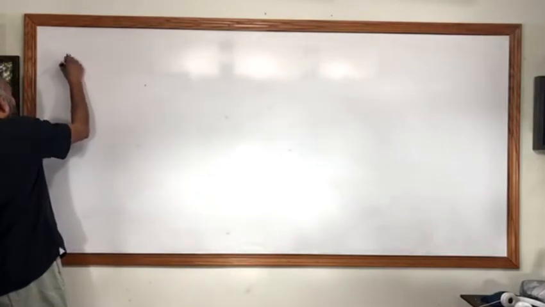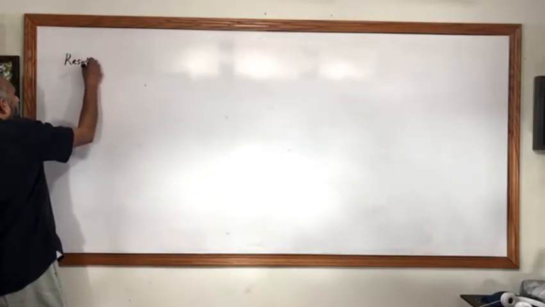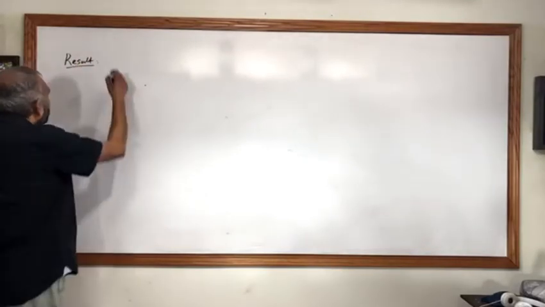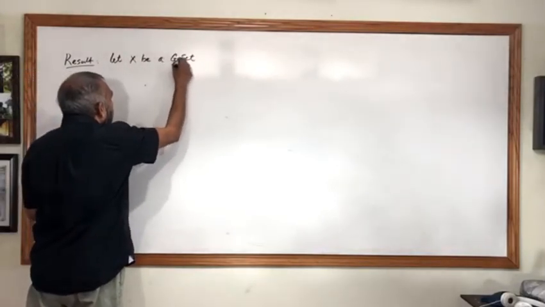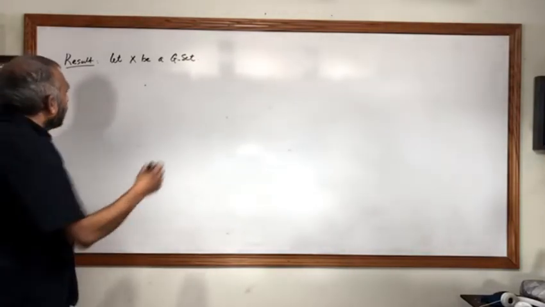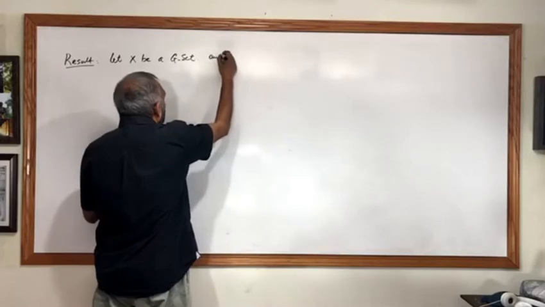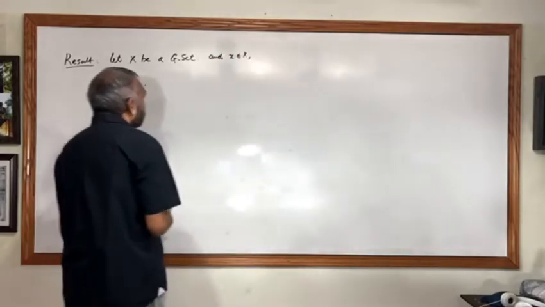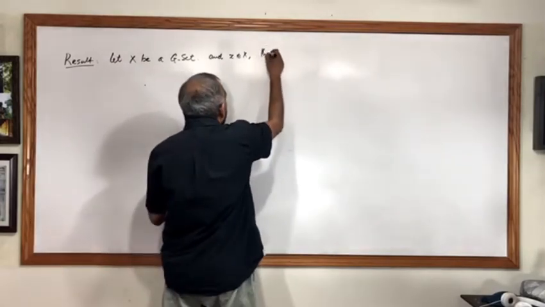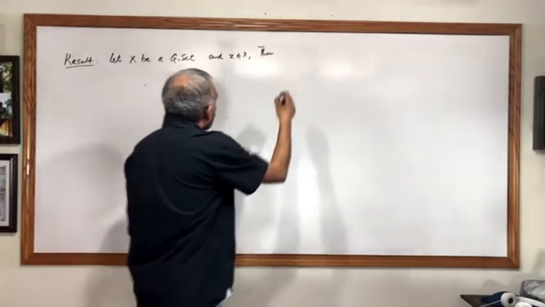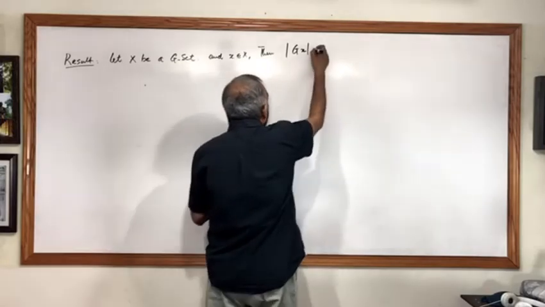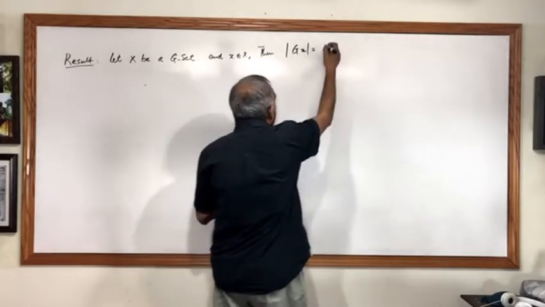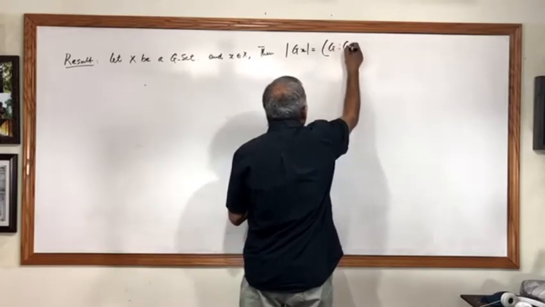The results which we are going to use in this chapter are: let X be a G-set and x belongs to X. Then the size of the orbit Gx is equal to the index of G over G subscript x.